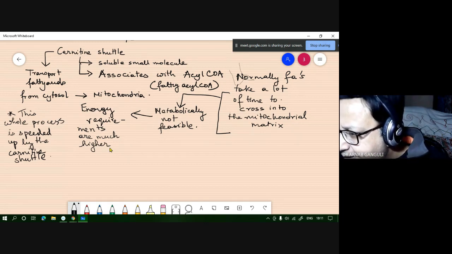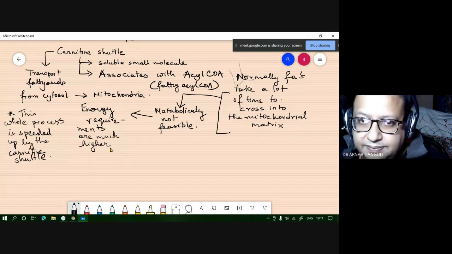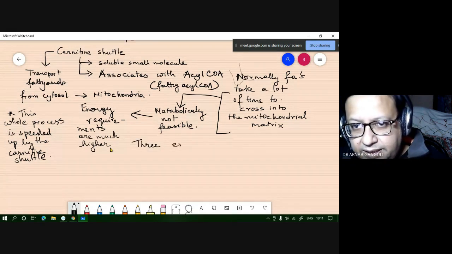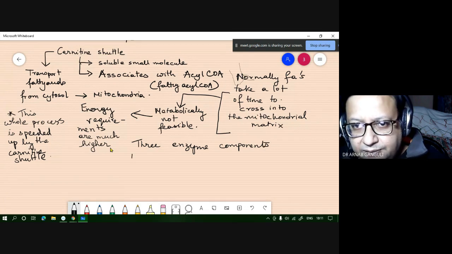Essentially, three components are present. Three enzyme components. The first is the CPT1.